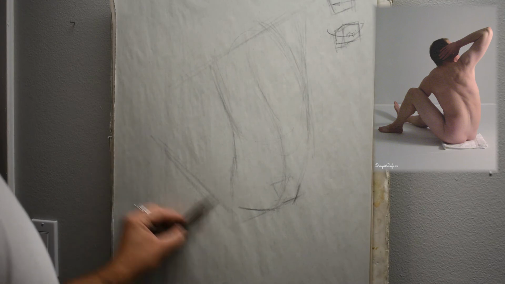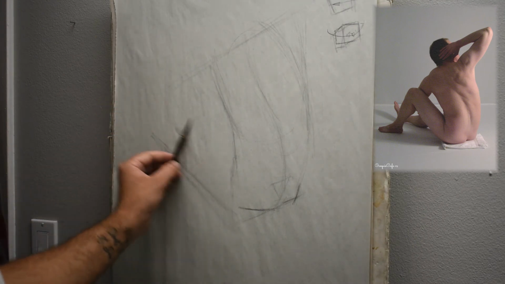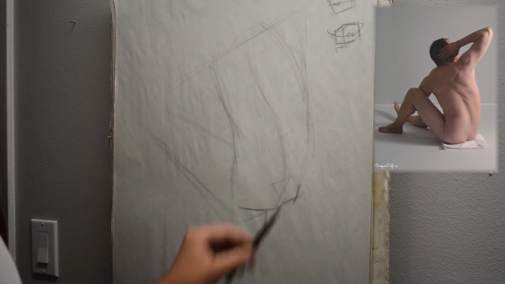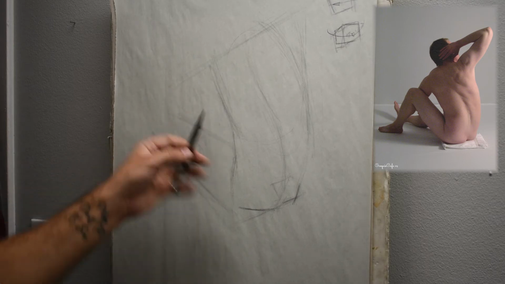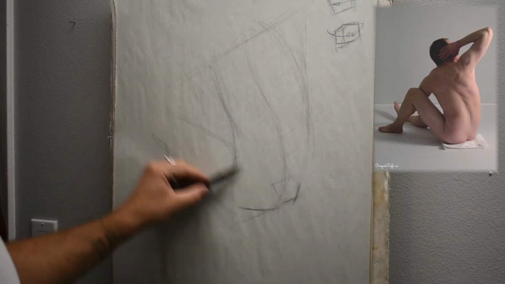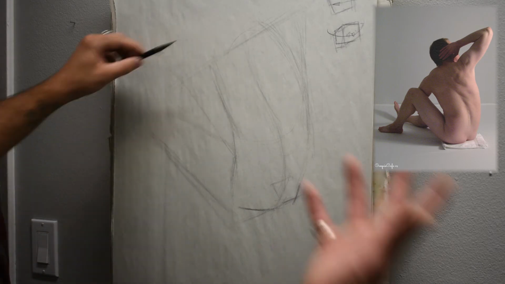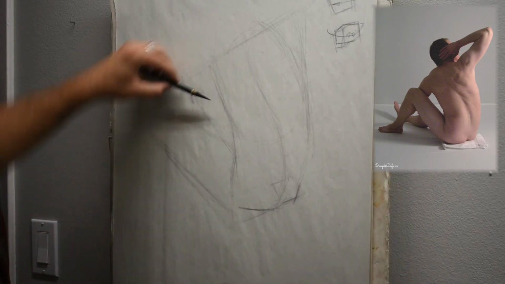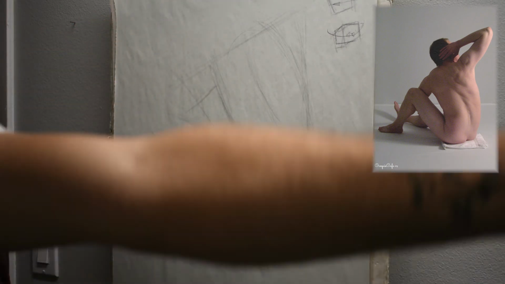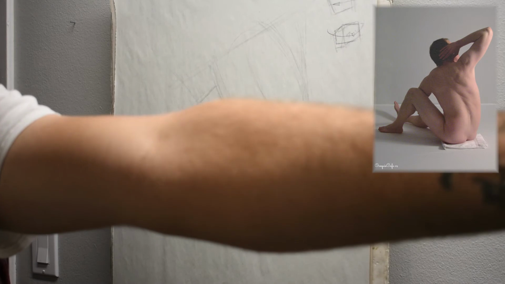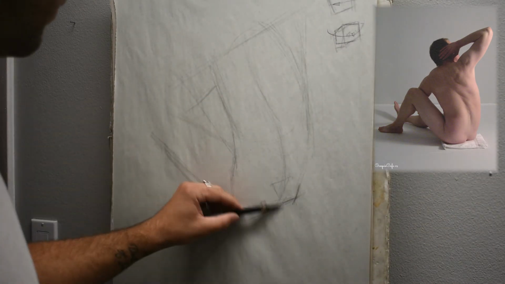Just to get a sense of what's happening with the leg. With compressed poses like this, there's a lot more two-dimensional information you can get down really quick since there's a lot of overlapping form, and it's only going to help inform the torso, where this leg interacts with the arm here. It's useful information, so you might as well develop it all at the same time.